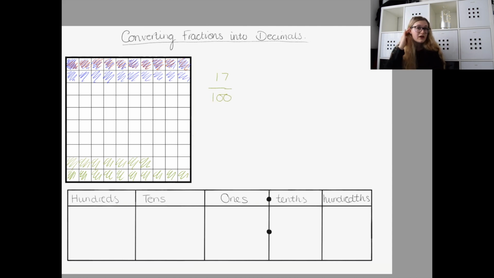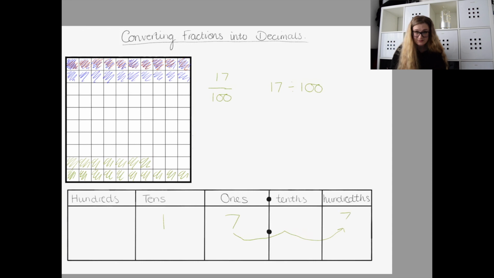So I've got 17 100ths there. Now what I can do with this is I can do 17 divided by 100. And if I need it, I can use my place value grid. I can put my 17 in there. I'm going to divide it by 100, which moves 2 place value steps down or to the right. 1, 2.